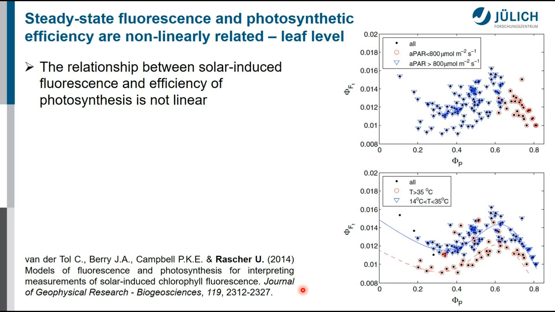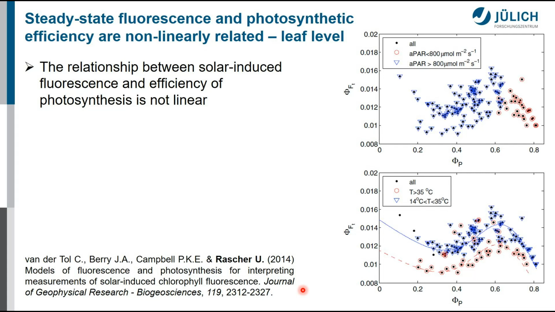This model, in principle, is also fully invertible, and there's quite some work from the University of Valencia to use this modeling approach to link top of canopy measurements to the physiological emission of the fluorescent signal at the cell level or at the leaf level. So there's a full modeling approach available.